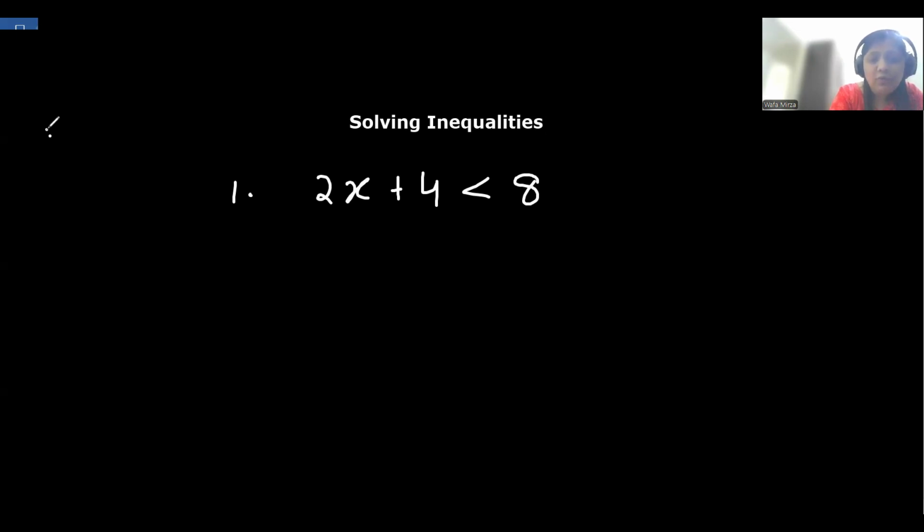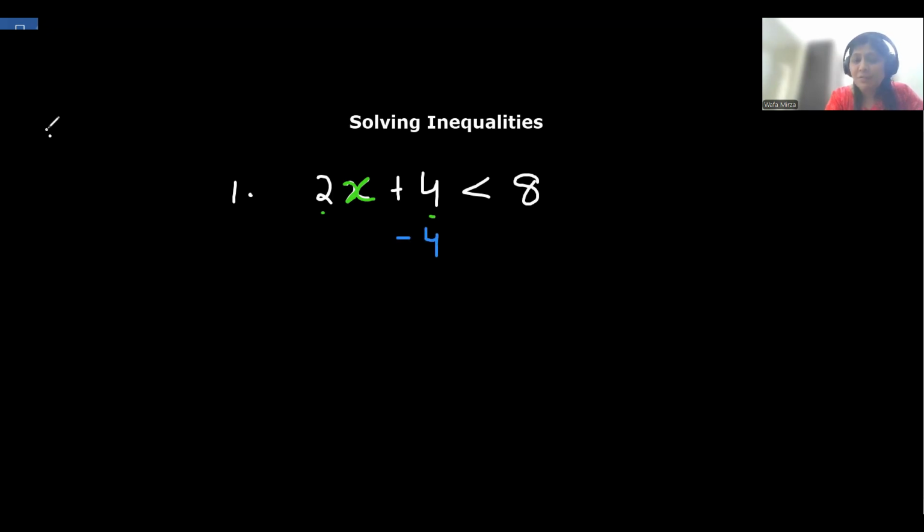We want to find the value of x. If I want to find the value of x, I don't want anything else on the left side. It means I want to get rid of this 4 also and this 2 also. So how can I get rid of this 4? By subtracting 4 on both.